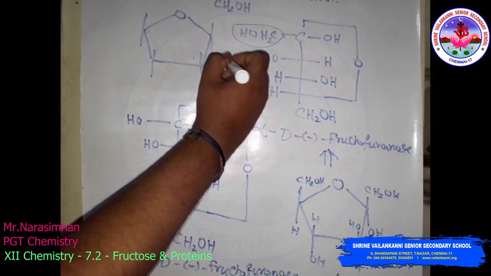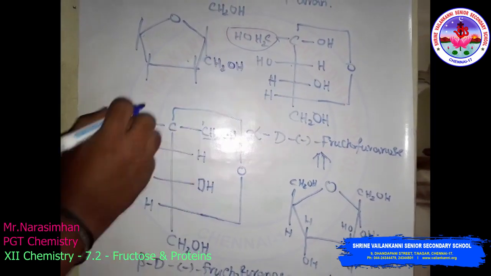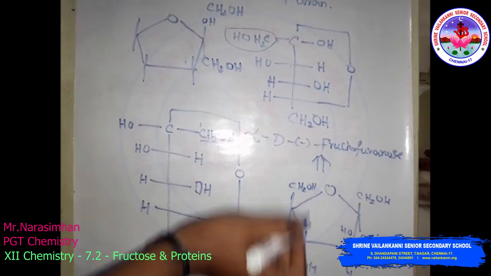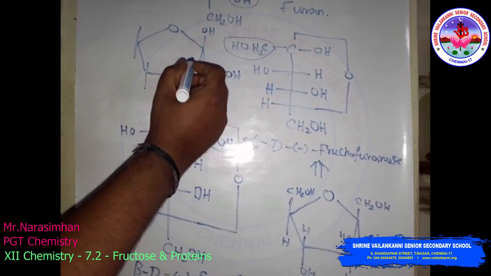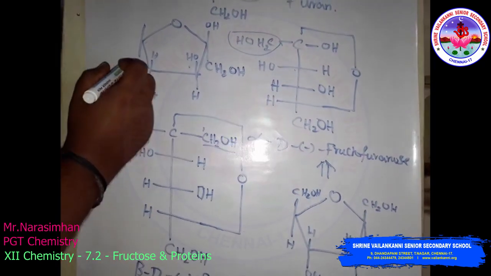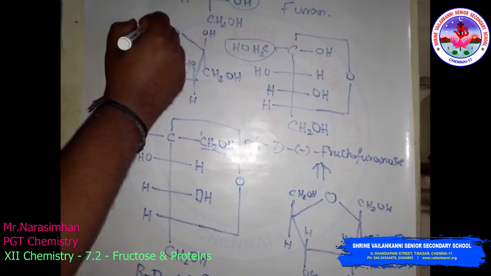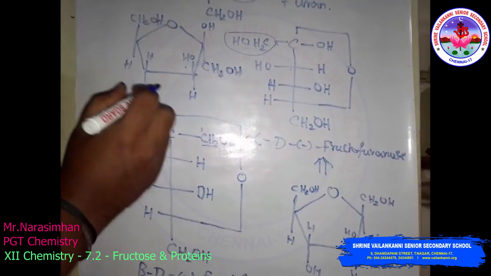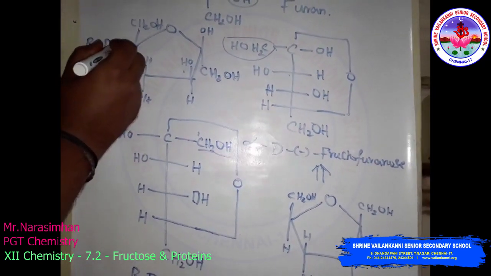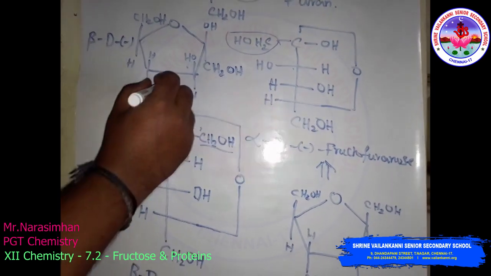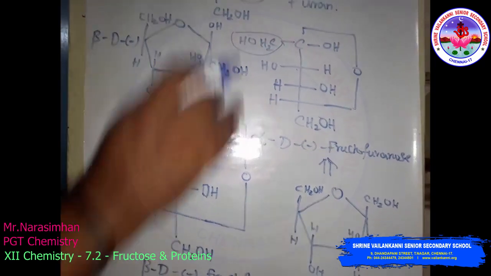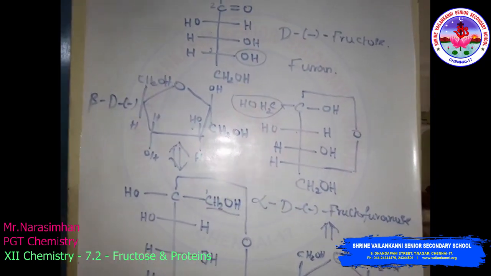So we write the CH2OH group here, then the OH, then the remaining things are the same: H, OH, H, H, OH, H and CH2OH. So this is the beta form of fructofuranose. This is the structure of fructose.